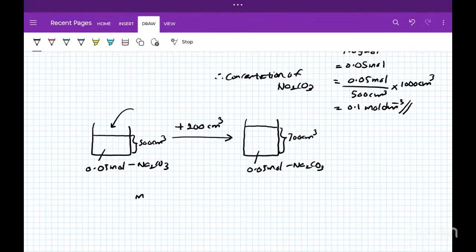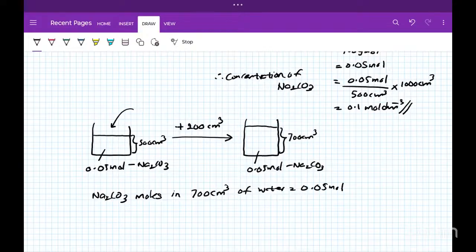So moles in 700 cubic centimeters of water, or you can say sodium carbonate moles, still 0.05 moles. Moles is not changed.